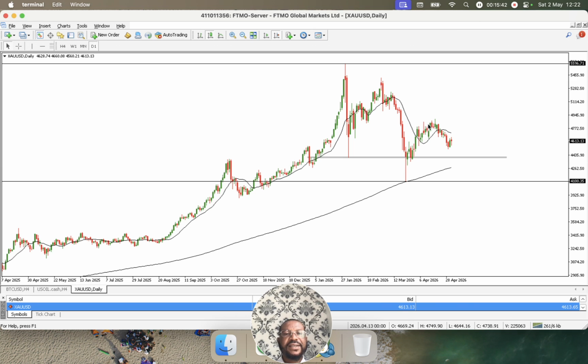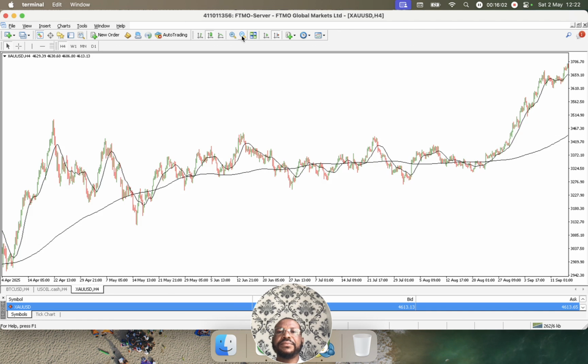With the way the price is now, the gold is still bullish. The gold is still bullish until price close below this support area. But because of this supply that we are seeing here, we can still take advantage of the sell for the gold. Let's go back to the 4-hour time frame.